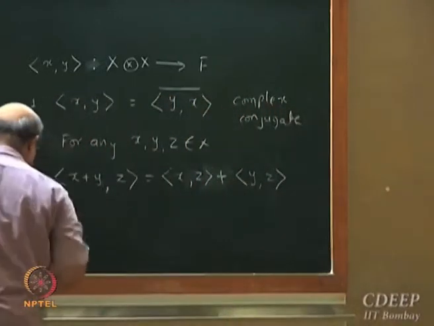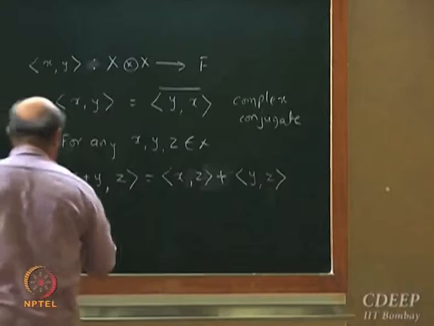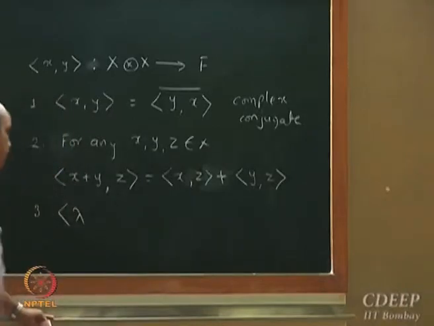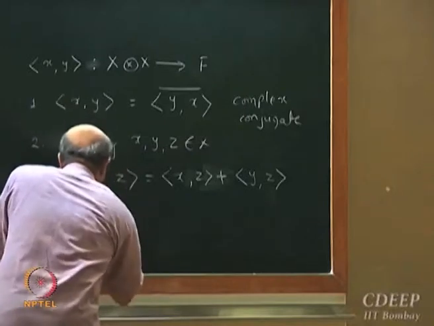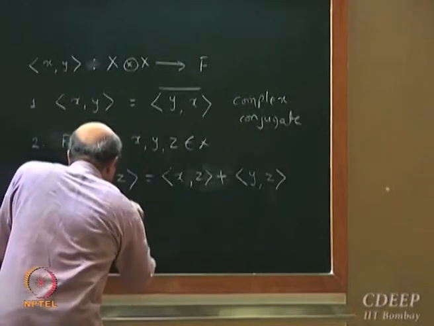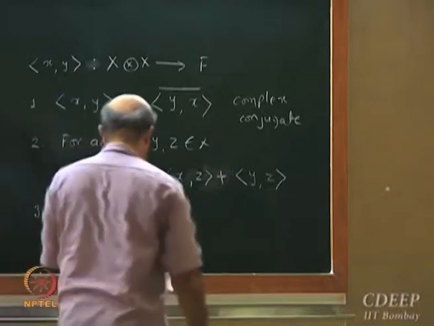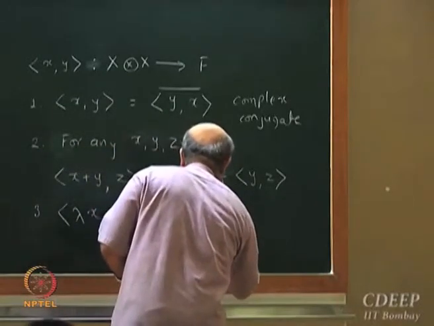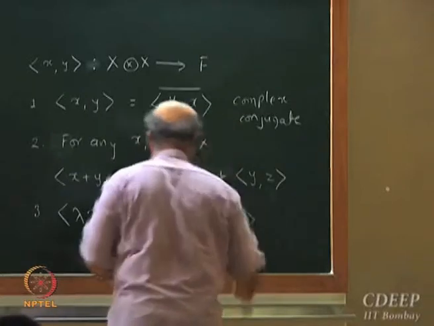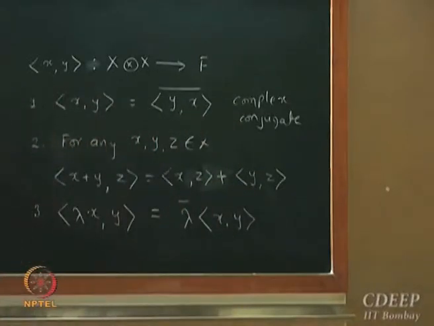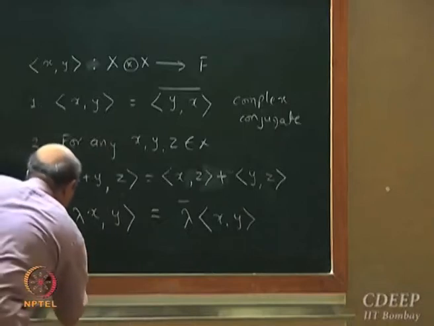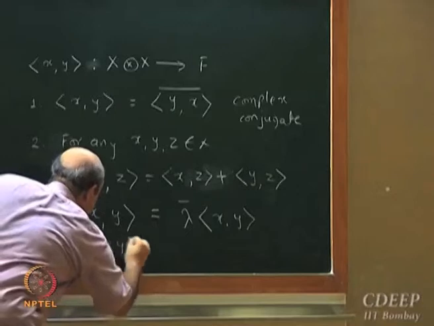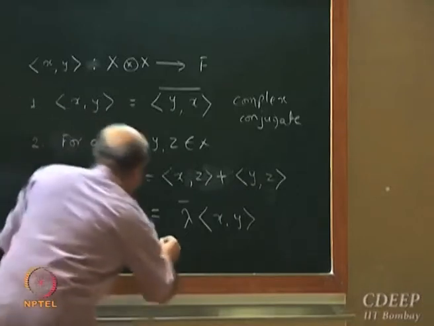So what is the third important property? The third important property is that if I take a scalar lambda and multiply it with x, then this is the same as lambda bar, but the way it happens with the second element and the first element is different in the inner product.